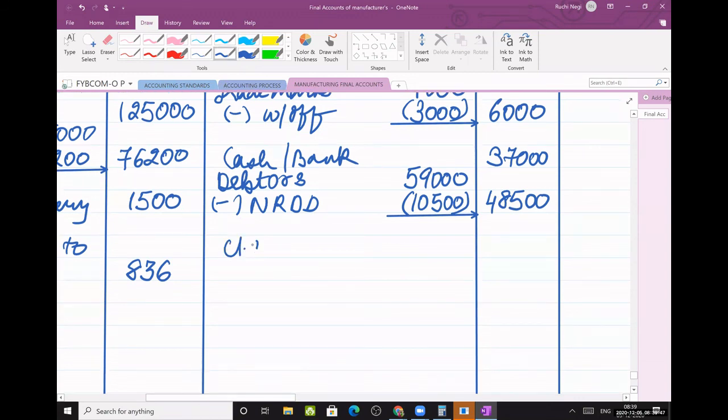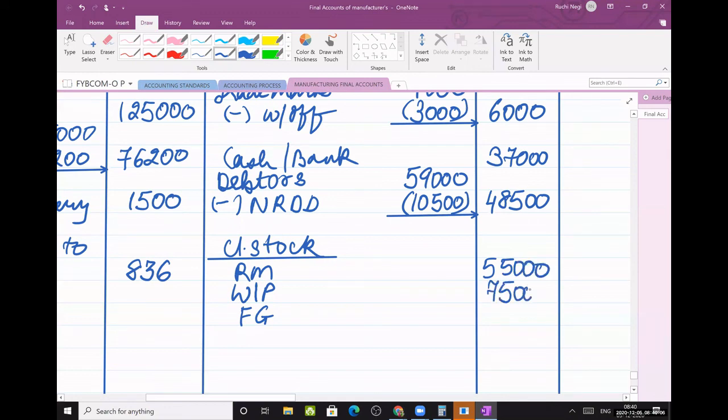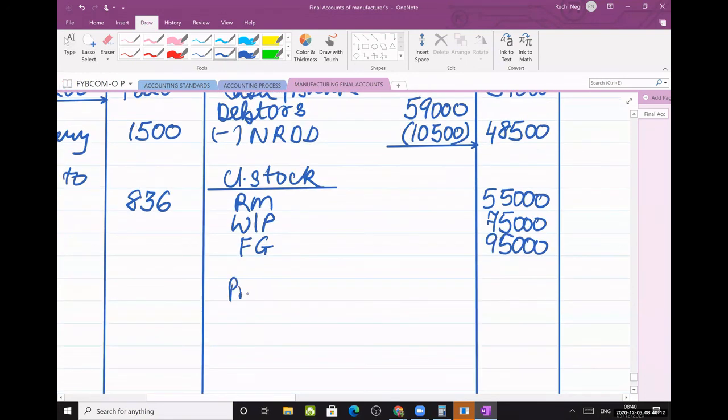Then closing stock. Okay, closing stock's second effect. Yeah, raw material closing stock, WIP closing stock, and finished goods closing stock. Okay, 55,000, 75,000, and 95,000. Second effect. Okay, and prepaid factory rent. Second effect.